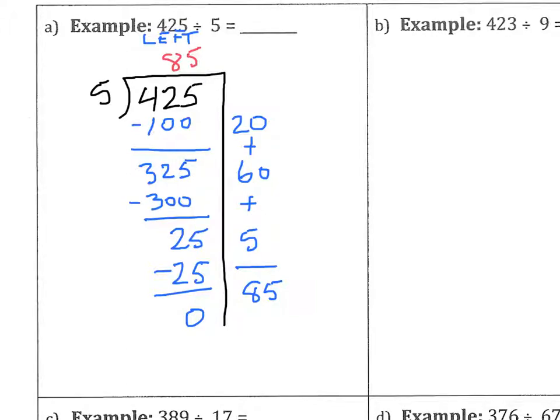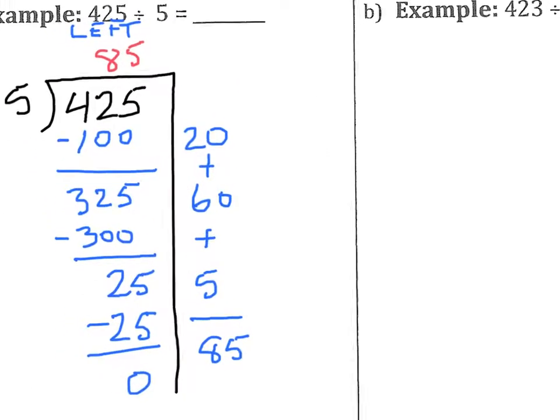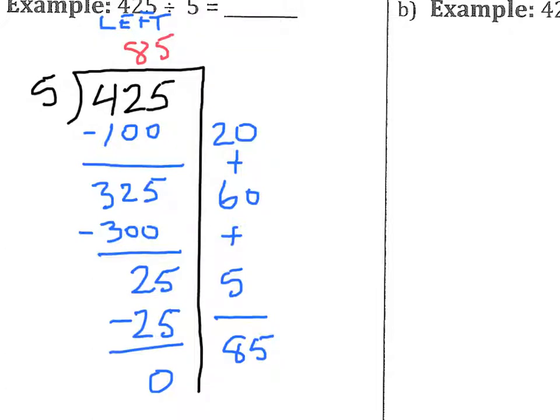Now another way that I could have done this is I could have just looked at the numbers here and saw that this one ends in 5 and I have a 5 here. Well, if I thought, okay, this is 400 plus 25, I might figure out that 5 times 80 equals 400, and 5 times 5 equals 25.